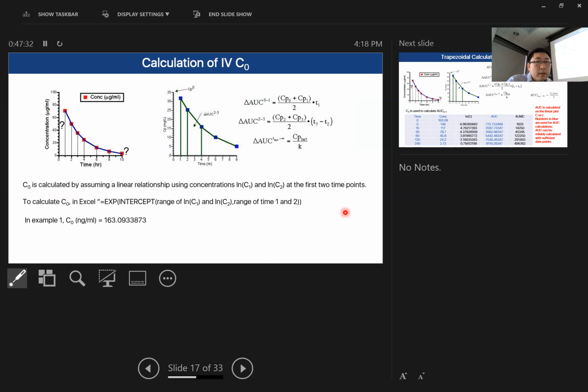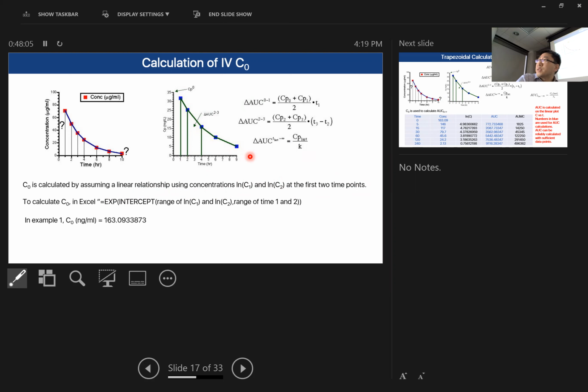So how to calculate C0, right? Coming back to this question, we already explained. C0 is calculated by assuming a linear relationship using concentrations, natural log C1 and natural log C2 at the first 2 time points. Essentially, it's still like the semi-log plots, but they only take the first 2 data points and then do an extrapolation to the y-axis.